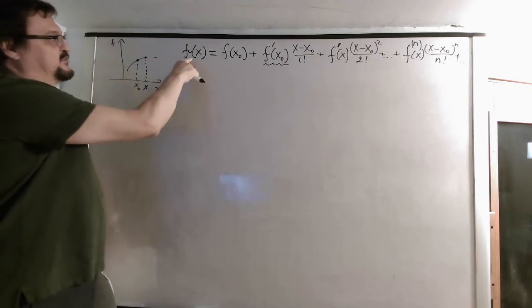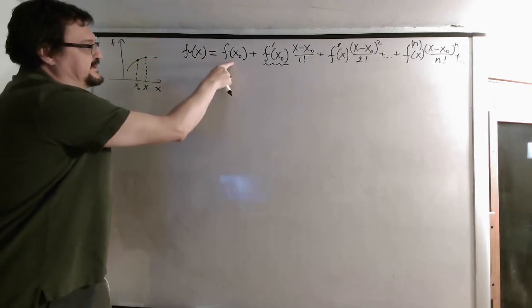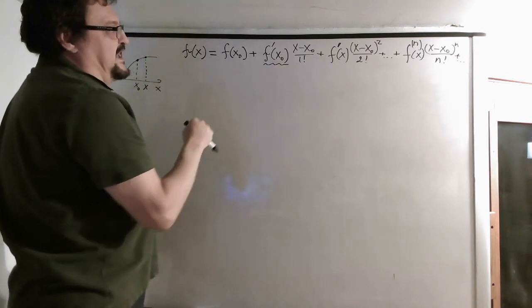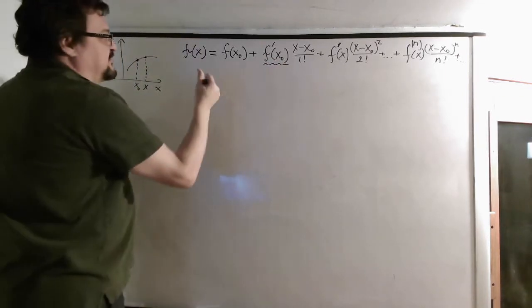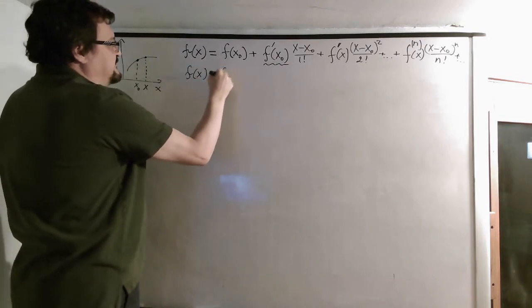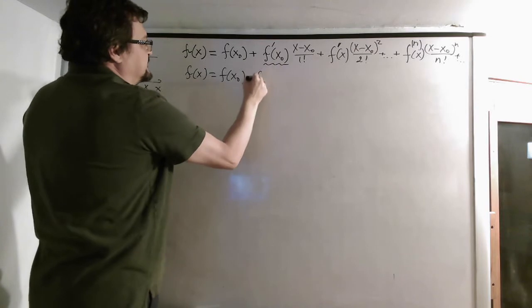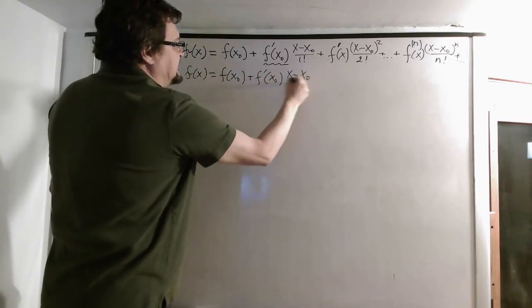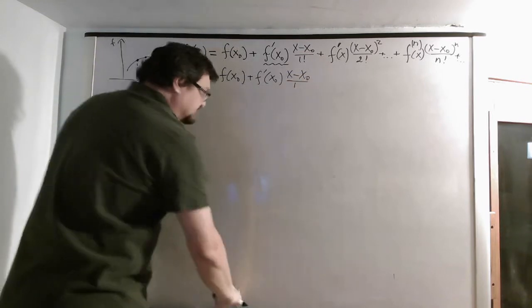We know them, so we know f of x and f of x naught. Now we want to know the derivative at x naught. So from that we have that f of x equals f of x naught plus the first derivative as before. We just write it as a kind of truncated series, so we divide it by 1.